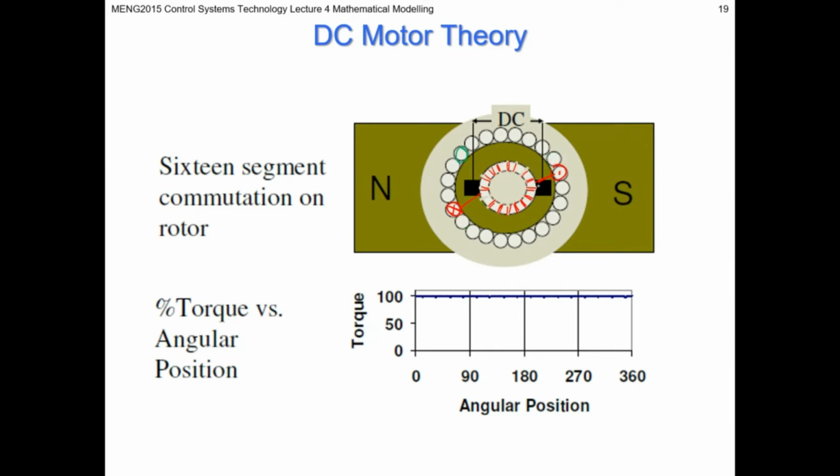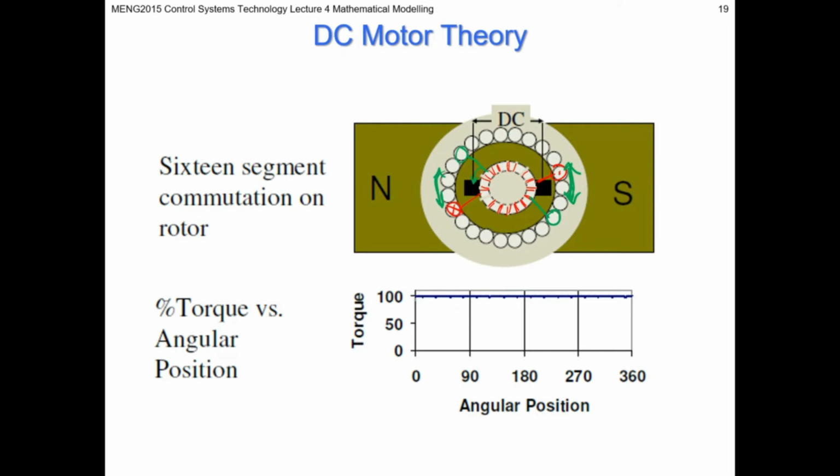Let's go up here. This one and this one will get activated when they come around to the connectors, and then they'll be in their maximum torque zone, which is sort of here. So when the current is flowing through that green conductor loop, you're going to get maximum torque generated from that green pair.